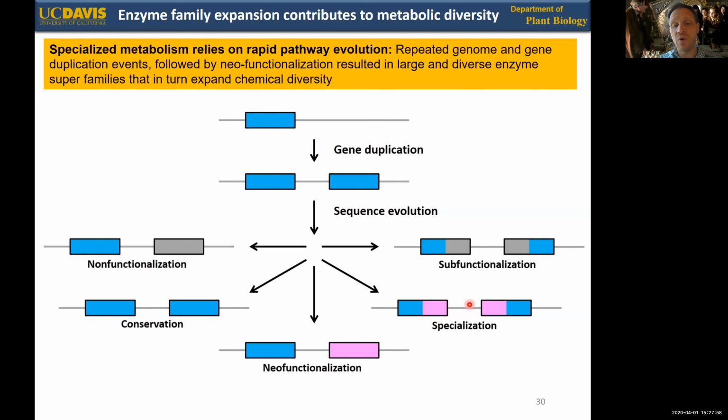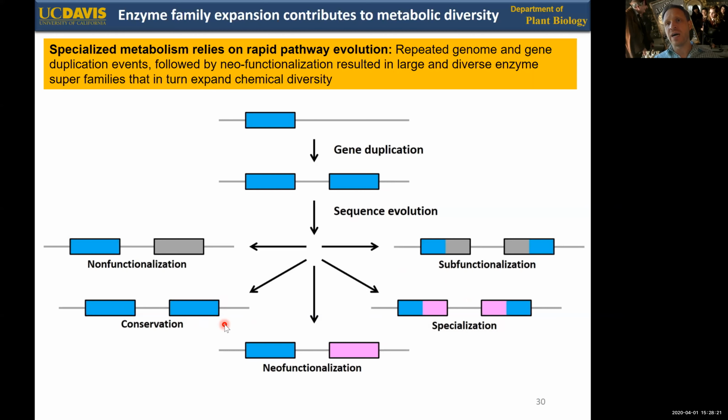So these would be falling under the neo-functionalization and specialization. But we can have conservation where nothing happens and you simply have two of the same copy boosting up that same pathway. Right?